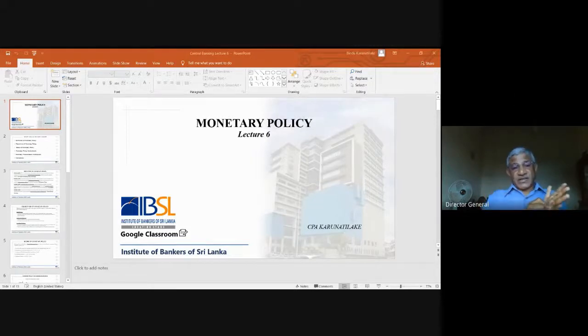If you buy something worth 100 rupees by writing a check, the liquidity is equal to 100 rupees, because that 100 rupee check has facilitated you to buy goods and services. Similarly, if you pay with a currency note of 100 rupees, you can still get it.